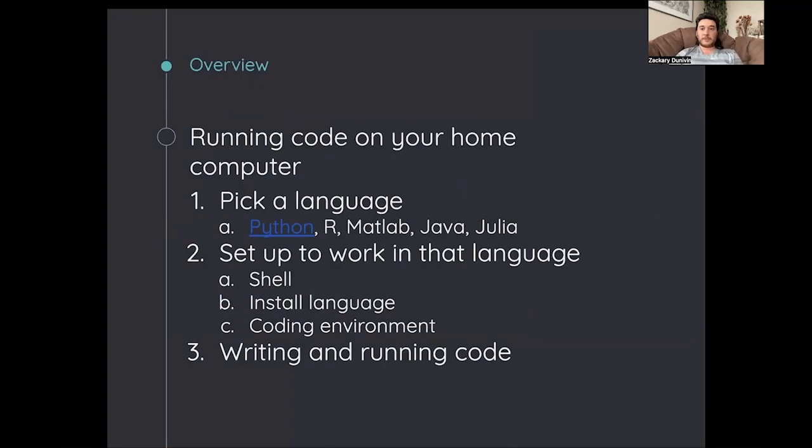So here's an overview of what I'm going to be talking about, and basically this is all so that you can write and run code on your home computer. So I'm going to talk about picking a language. There are many different programming languages. They have different strengths and weaknesses.